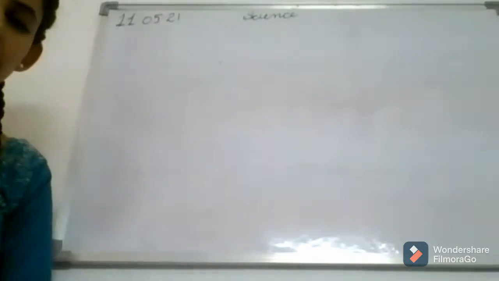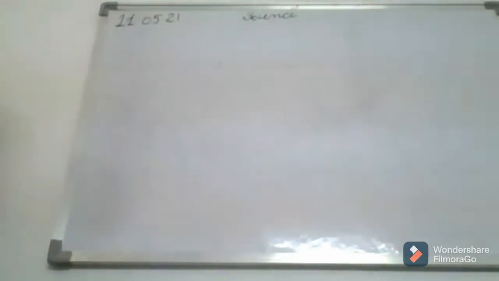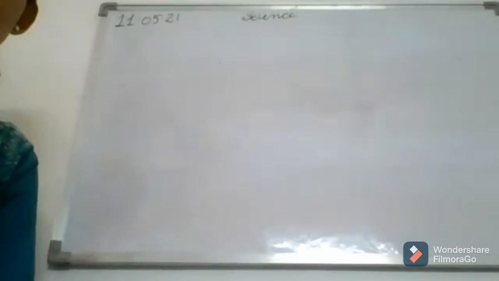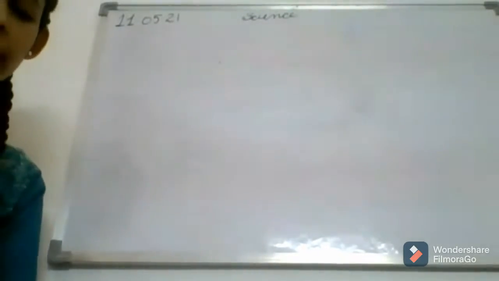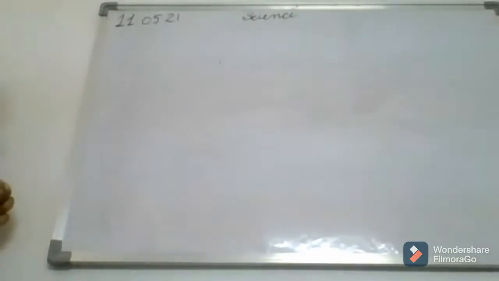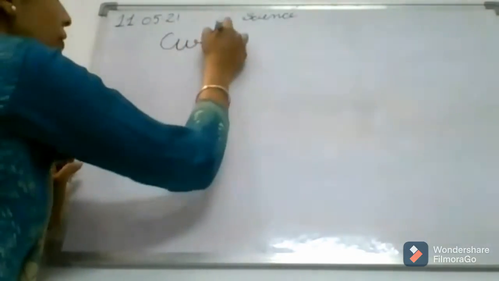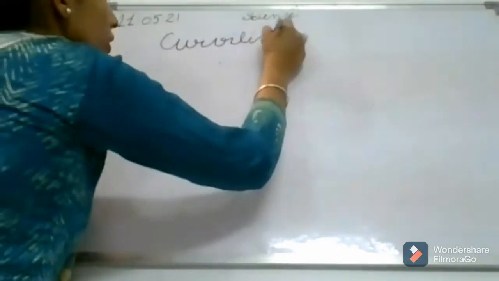Okay, now I am starting the new topic. Next topic. It is under the types of motion. The name of the next type of motion is curved motion. Sorry, it is curvilinear motion.